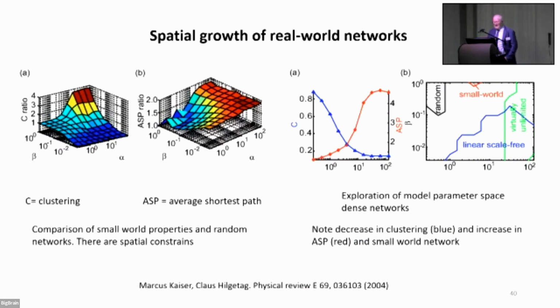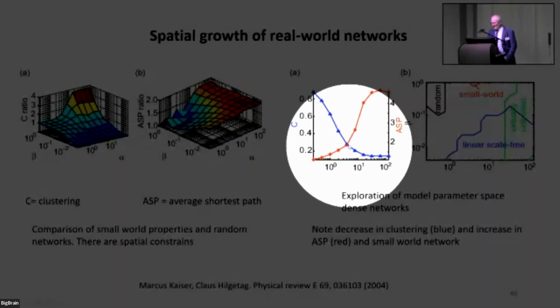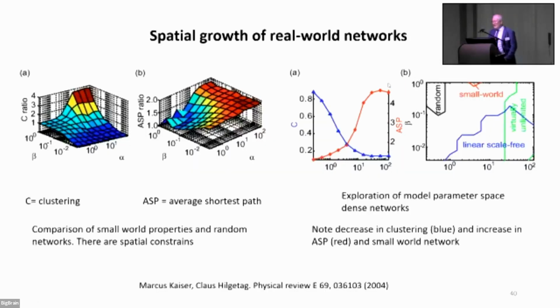That means when you measure this clustering coefficient, like here, and average short pathways, it's in a limited space, contrary to the adult, where you have many scale-free networking.